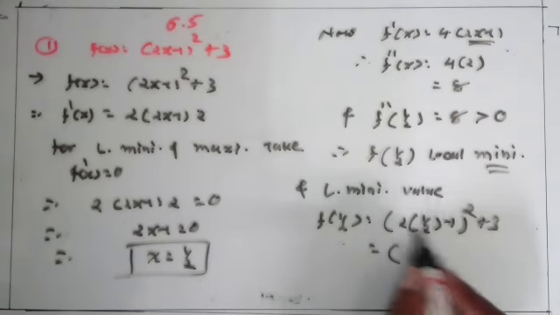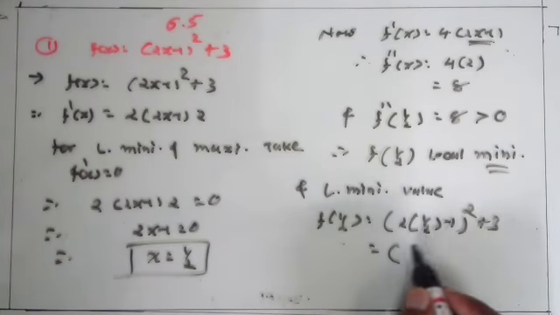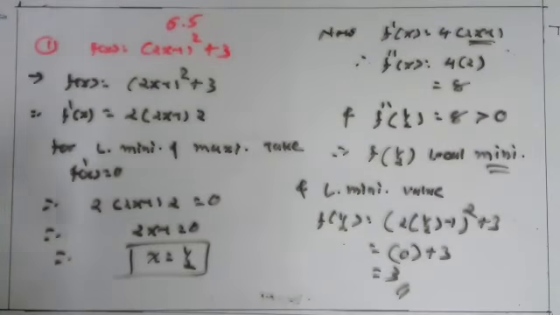So the 2 cancels, 1 minus 1 becomes 0, raised to 2 becomes 0, plus 3. So it is equal to 3. So the local minimum of the given function at 1 by 2 is 3. Clear? So remember this method of how to find extreme values of x.